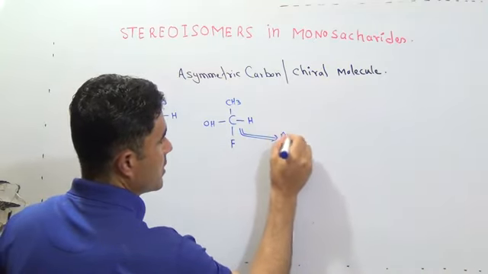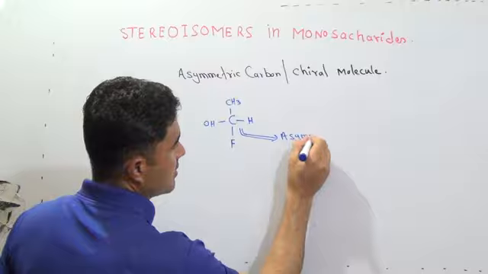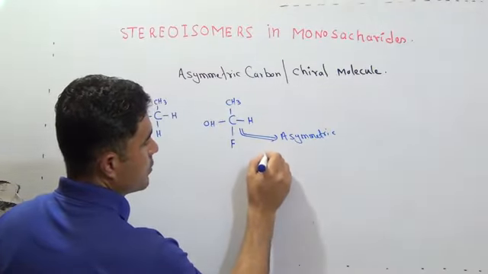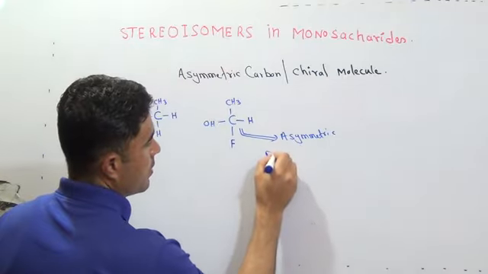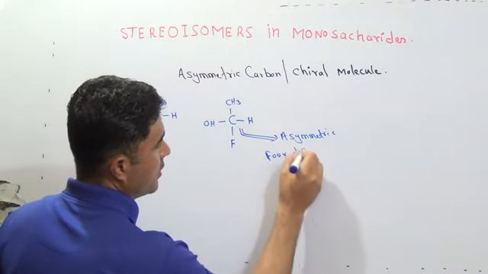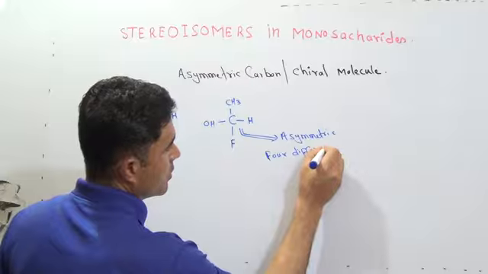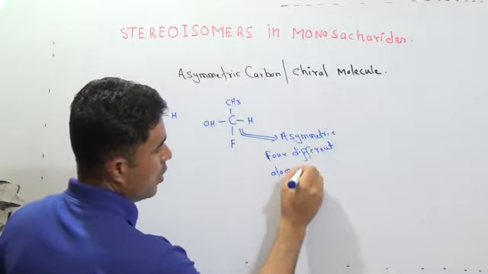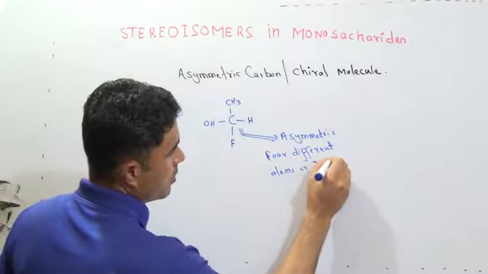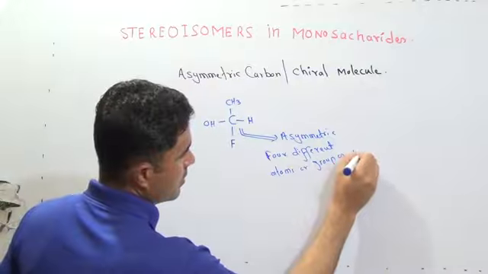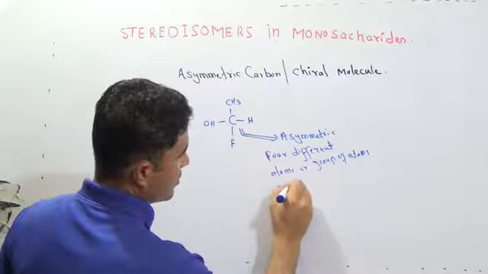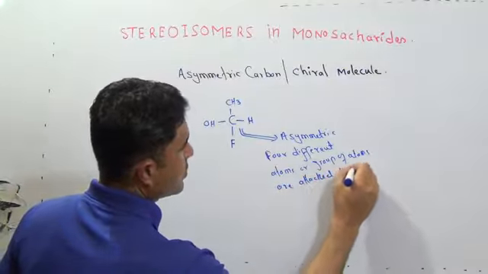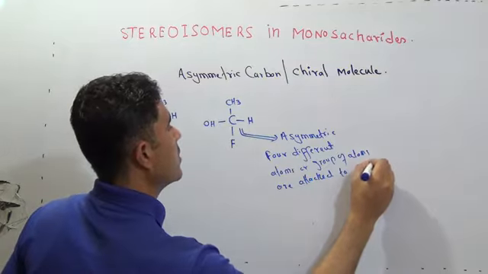Asymmetric. I will again write asymmetric. Why? Because there are 4 different atoms or groups of atoms attached to the central carbon.